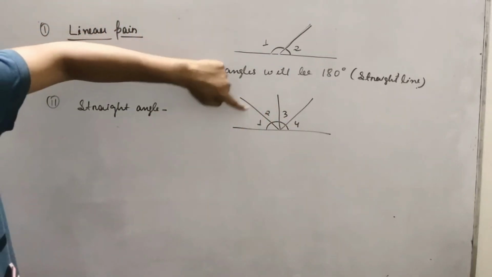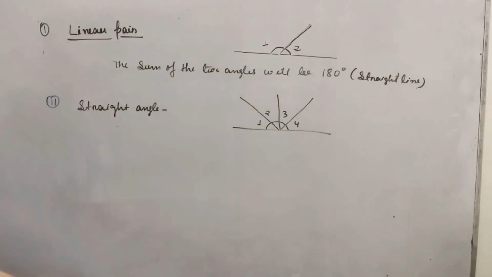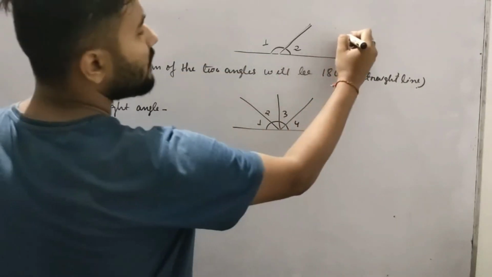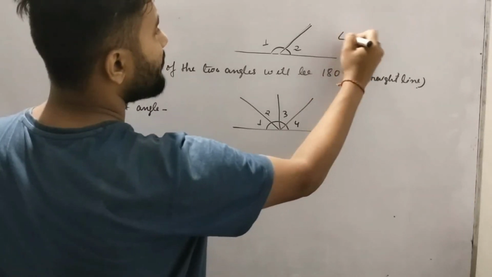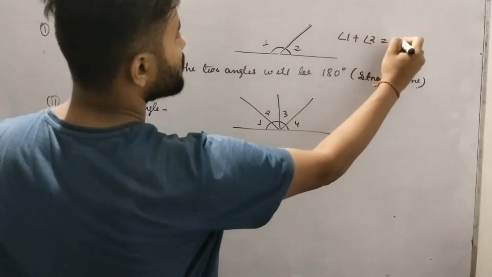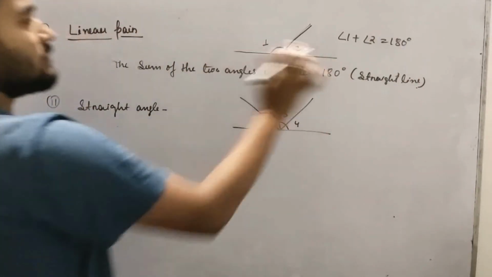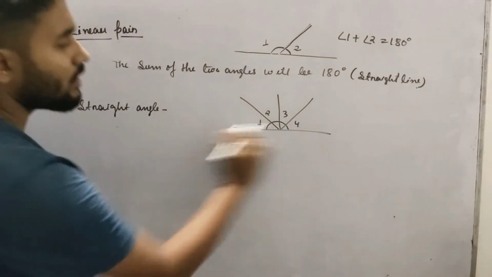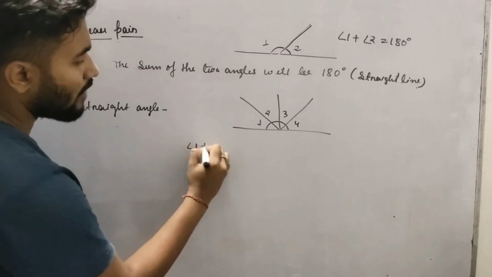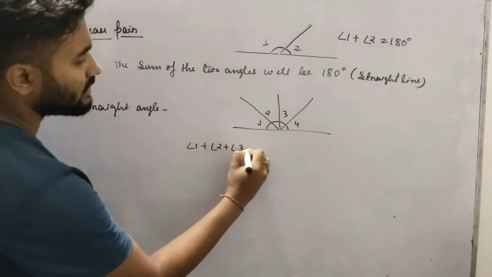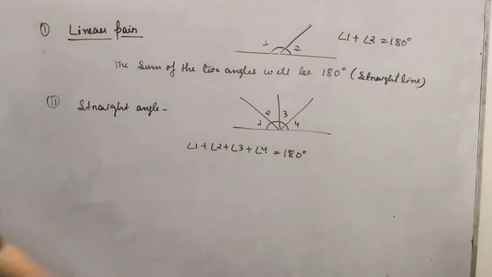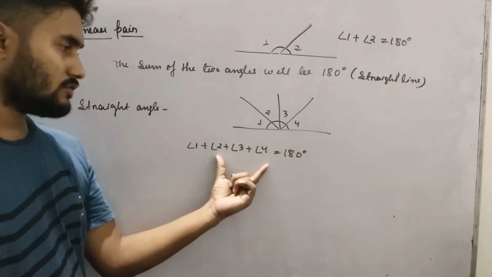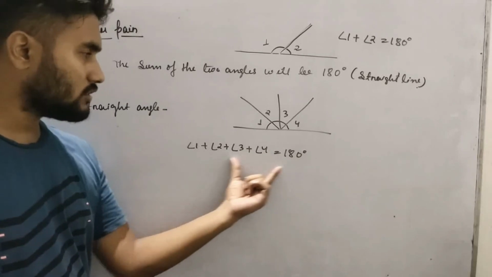So if I add 1 plus 2 plus 3 plus 4, over here, like simple angle 1 plus angle 2 is 180 degree because this was a straight line, right? So over here also this is a straight line. So angle 1 plus angle 2 plus angle 3 plus angle 4 will be 180 degree.